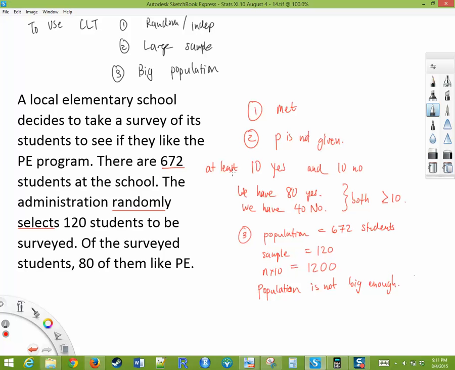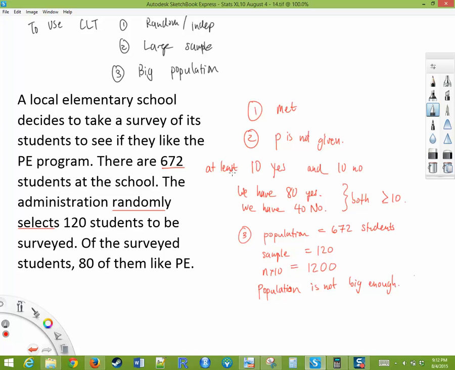Now let me see. I think there might be, but it might be worded a little differently. It'll say things like check the conditions to determine whether you can apply the central limit theorem, and it's usually part of a larger problem.